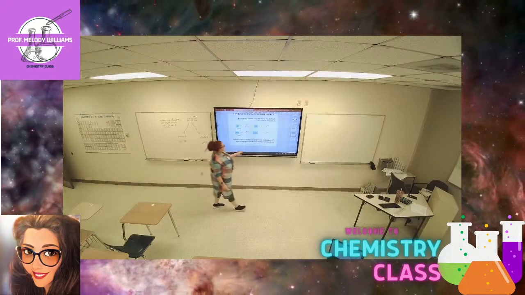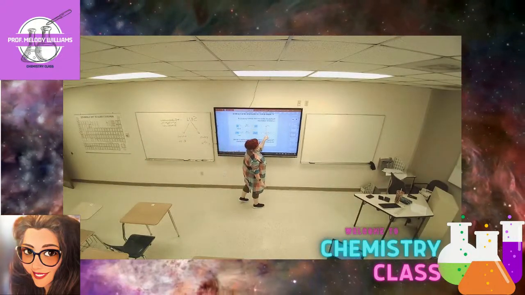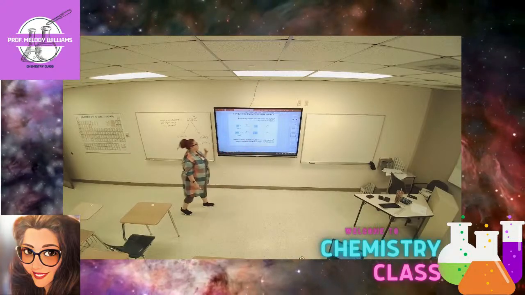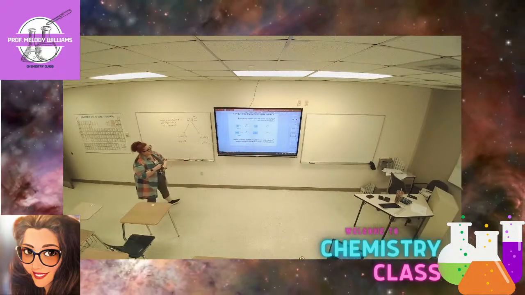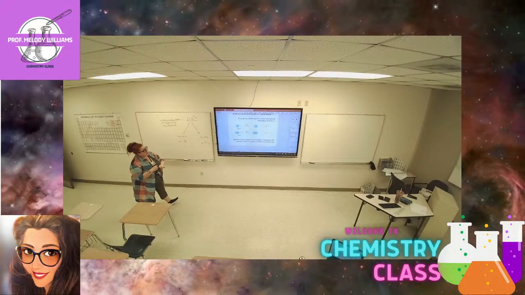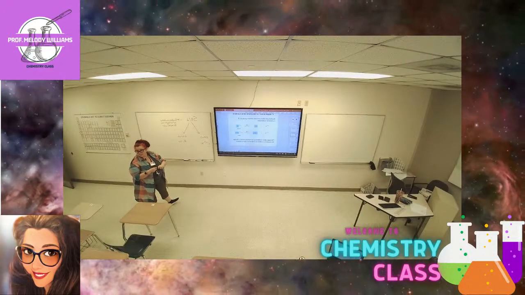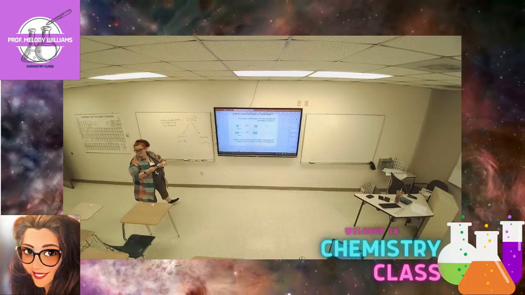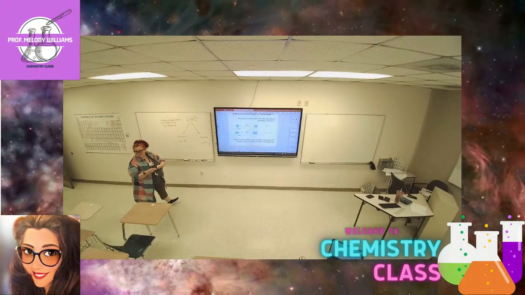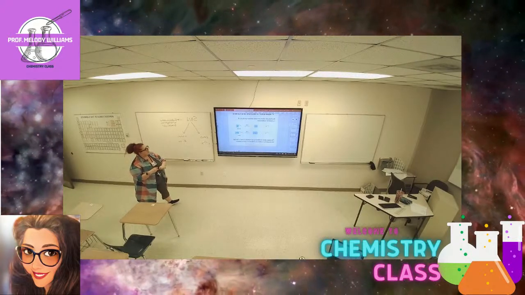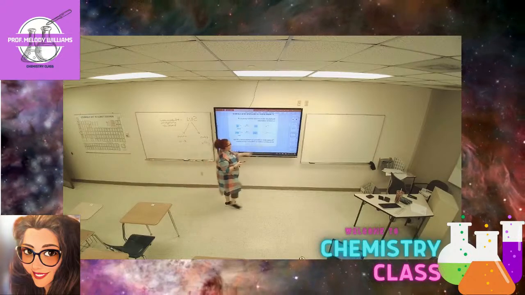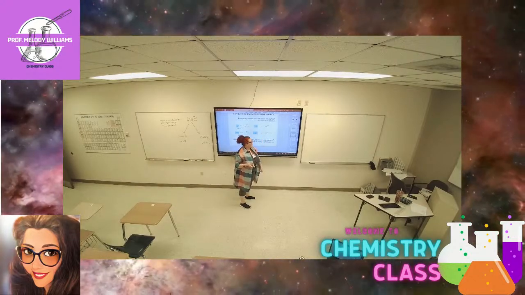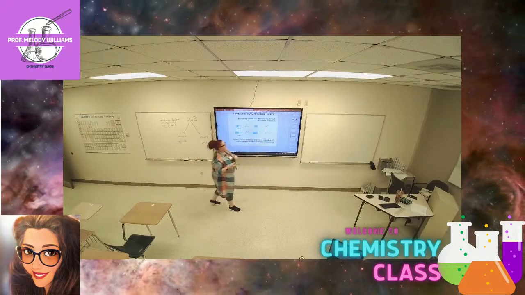I'm talking about these two. So they're both alkanes, right? They're both alkanes. What else do they have in common? They're all single bonds. Do these two things have anything in common? Well, they're halogens. Yes.